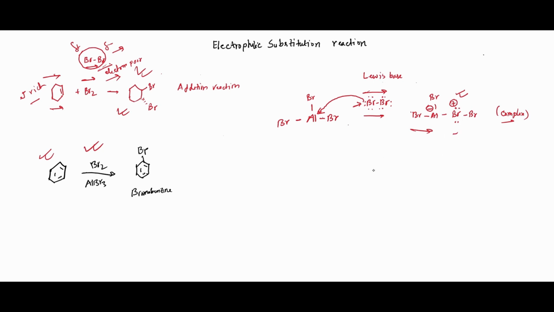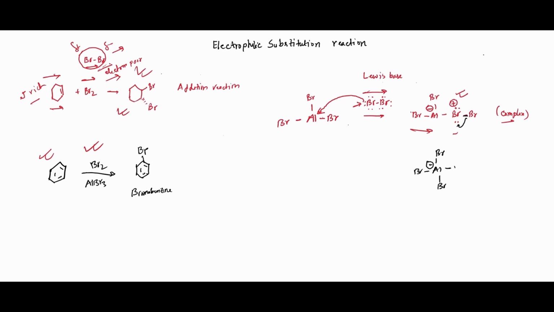Well, let me just change the color a little bit. So this bond actually, you think that this is leaving the electron on it, and so that means this bond is breaking, and you get this aluminum here, bromine here. It has a negative charge on it. We have another bromine here.